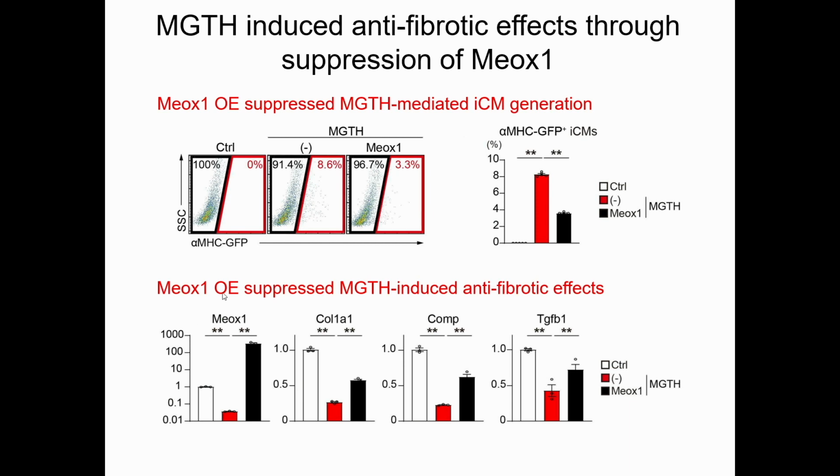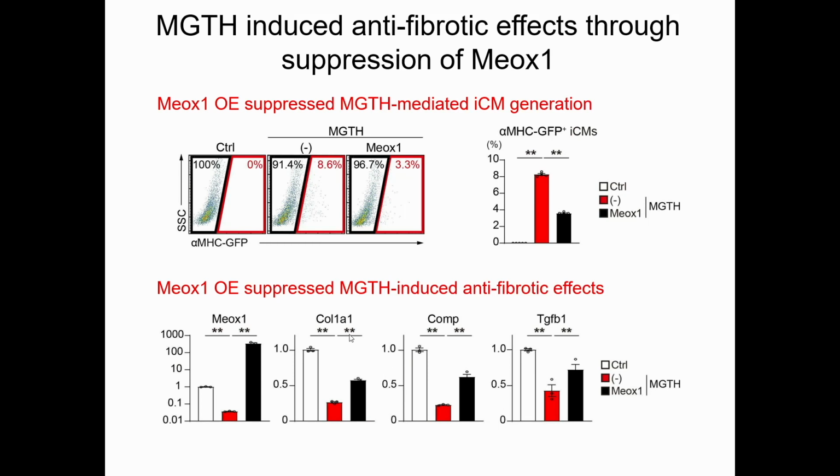Next, we analyzed the fibroblast population. As shown here, overexpression of MGTH suppressed MEOX1 expression, as shown in vivo, also in vitro. And overexpression of MEOX1 restores expression of MEOX1. As you can see here, collagen 1, COMP, and TGF-beta 1, which are all hallmarks of fibrosis, were increased after overexpression of MEOX1.